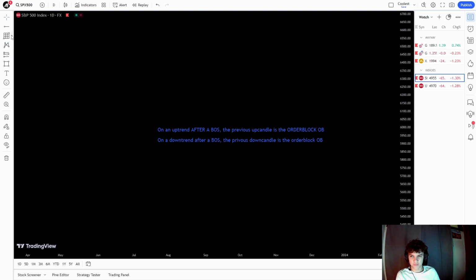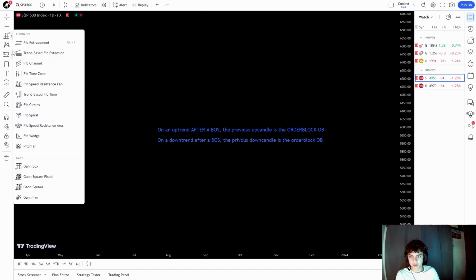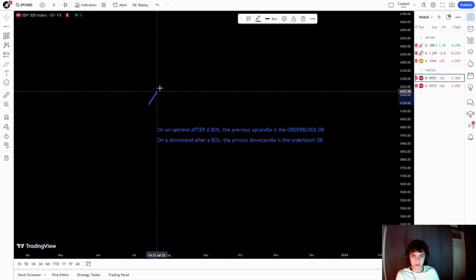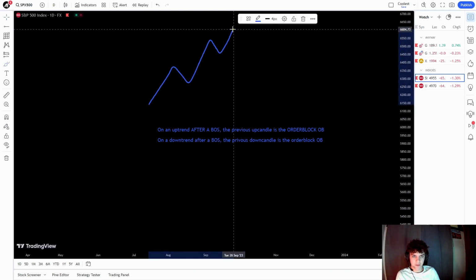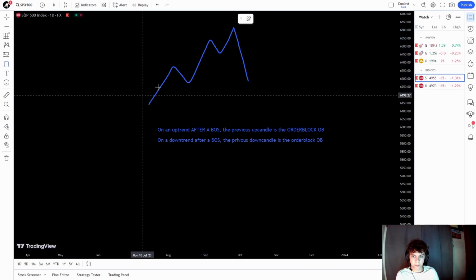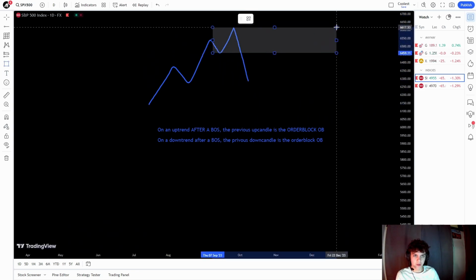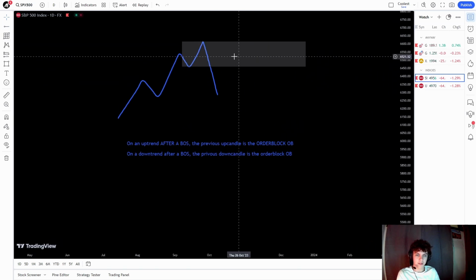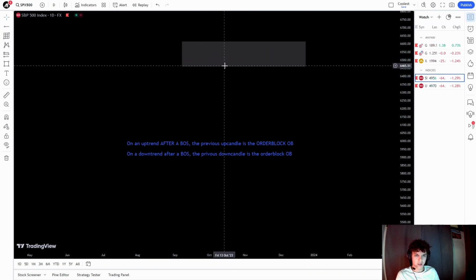Hold on, where is it? Come on, where can I find it? There. Uptrend, break of structure. So this is the bearish order block. Last up candle after the break of structure is the bullish order block. So that's the order block on the uptrend.